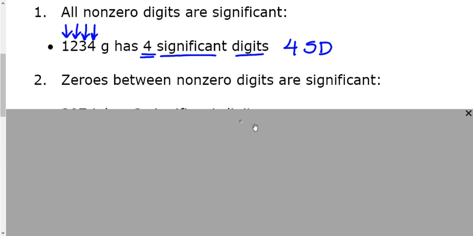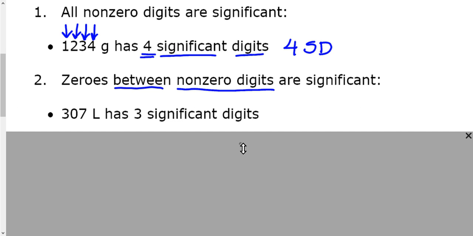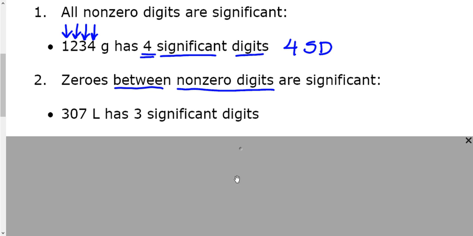Now, next we start with the zeros. Depending on where the zeros are, there's different rules. So, zeros between non-zero digits. This means zeros that are in between any numbers from 1 to 9 are counted as significant. So here's a measurement, 307 liters. Here you can see the 0 is in the middle.